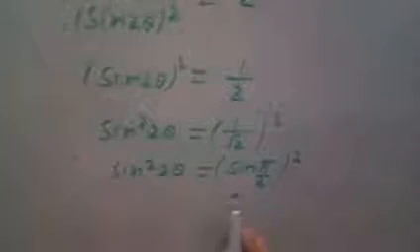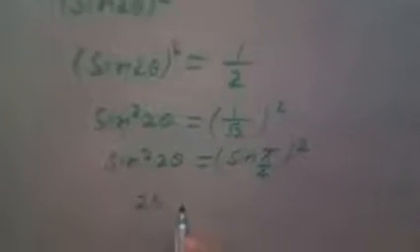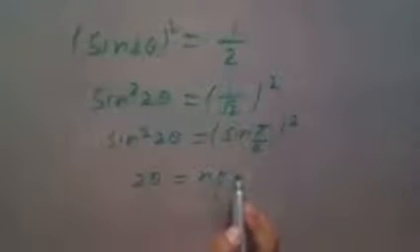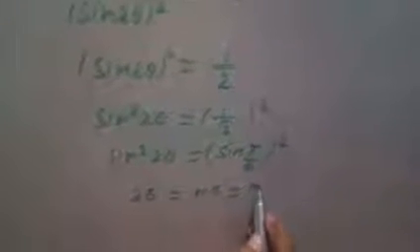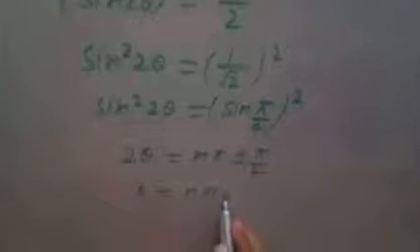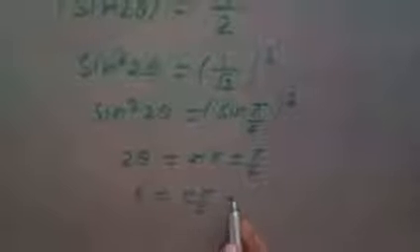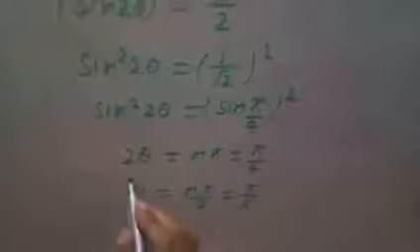So if sin square theta is equal to sin square alpha, then theta is equal to n pi plus minus alpha. So that becomes theta is equal to n pi by 2 plus minus pi by 8. That is the required solution.